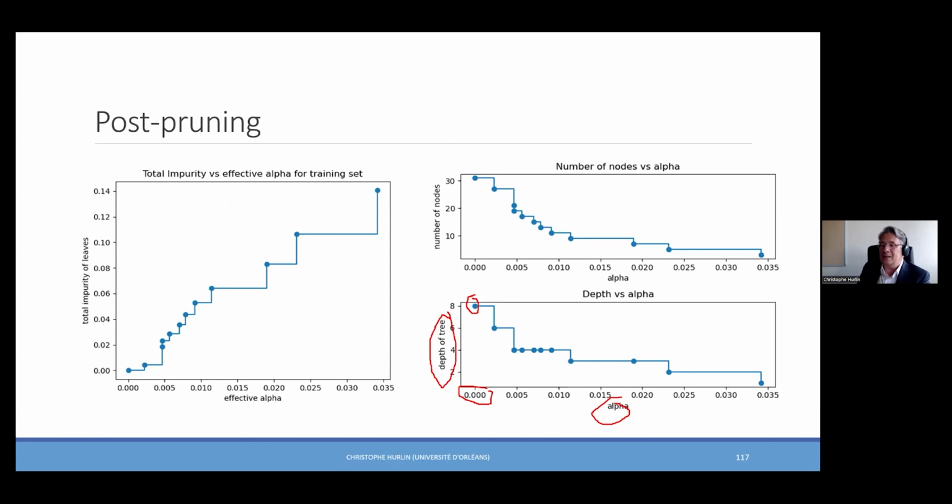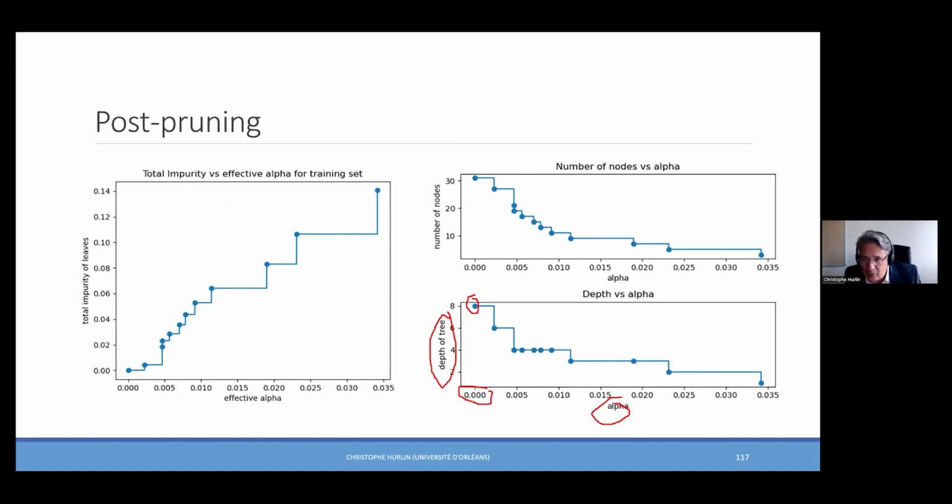If I now want to penalize, I introduce a positive alpha parameter to do post-pruning. The algorithm will compare the initial model to sub-trees in which we remove some parts, and then determine the optimal parameter with the previous criteria.